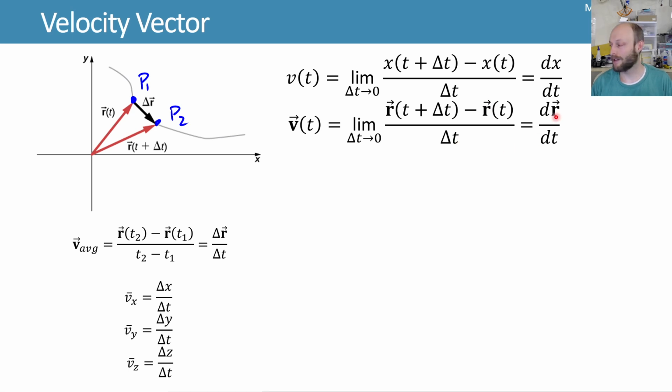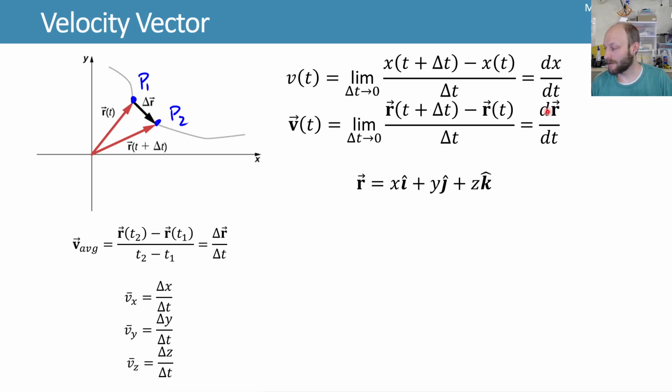As you take that limit, it becomes the derivative with respect to time of that position vector, where that position vector, to remind us, is given by x in the i hat direction plus our y position in the j hat direction plus our z position in the k hat direction.